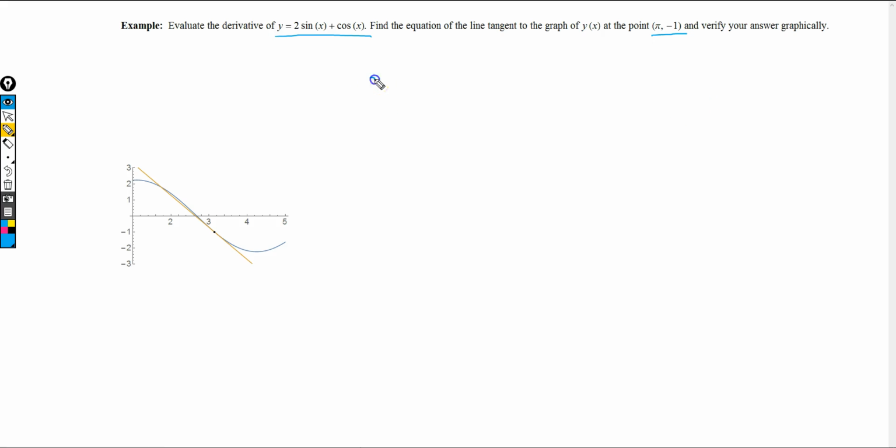Alright, well, dy dx. So we're looking at d dx of, and then of course we can split this up and also pull that 2 out at the same time.